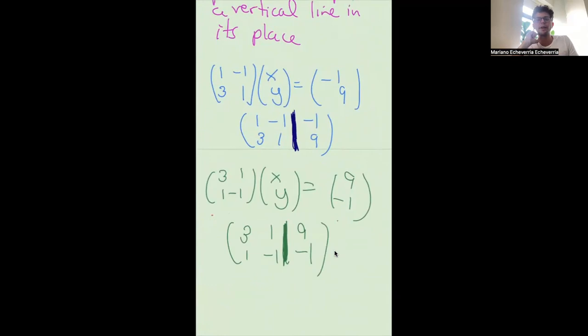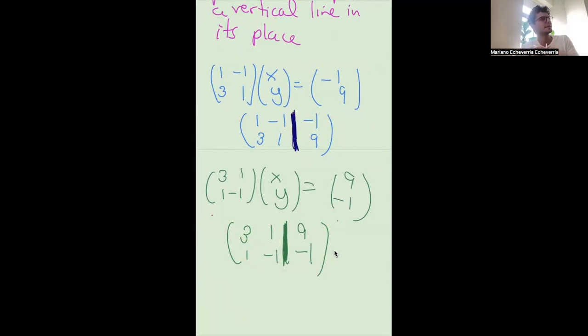So in that way, the operation that we just did literally looks like changing the rows: the first row goes to the second row, and the second row goes to the first row. It's just a more simplified notation, so that you don't have to keep writing x, y, x, y, x, y every single time. Is that making sense?